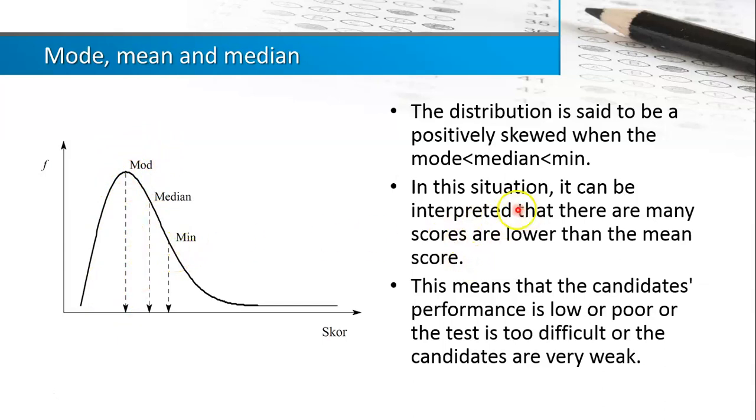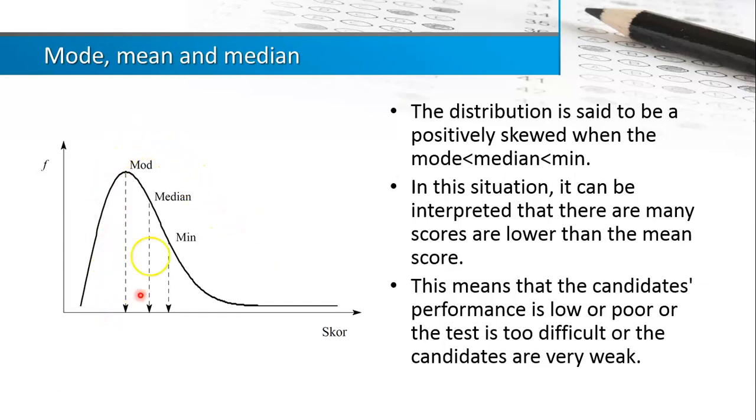Here the score with the most frequency is lesser than the median and mean. So in this situation, we can interpret that many scores are lower than the mean score. There are a lot of them lower than the mean and median. So we can say that the candidates' performance is low or poor, or that the test is too difficult, or the candidates are very weak compared to the test itself.